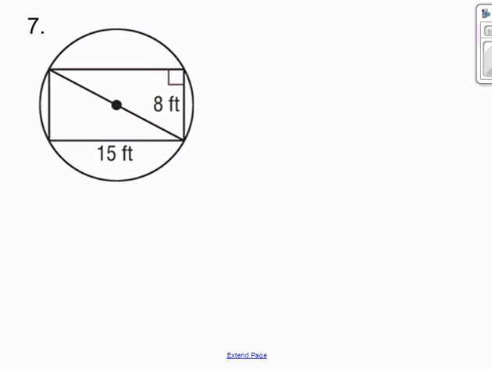Circumference is 2 pi r, or pi times diameter. I don't have that, but I do see some right triangles, so let's look at this here.